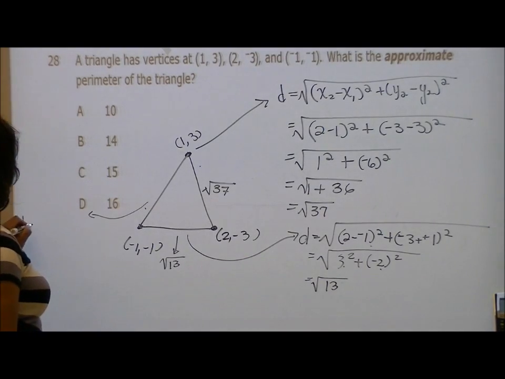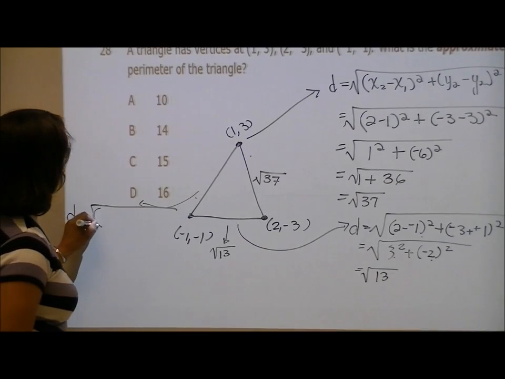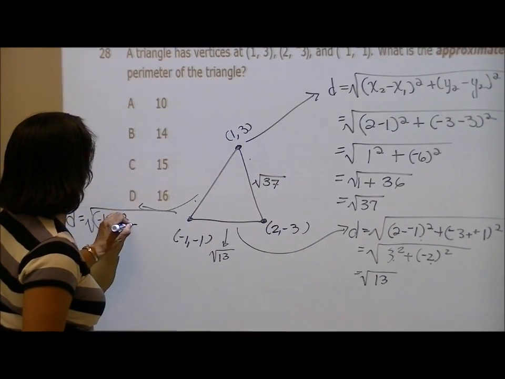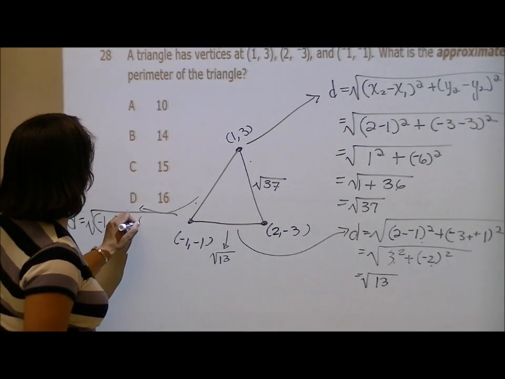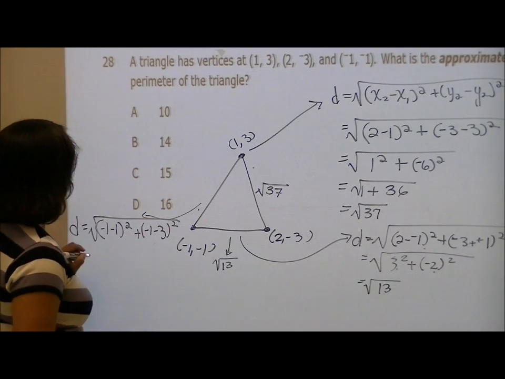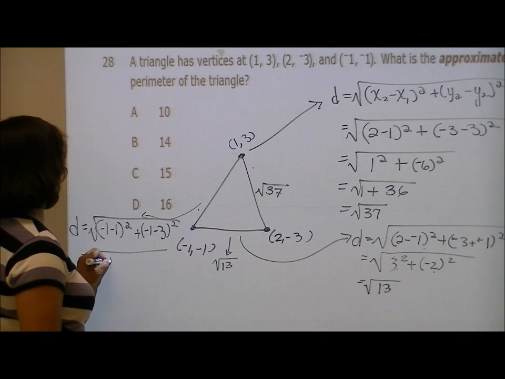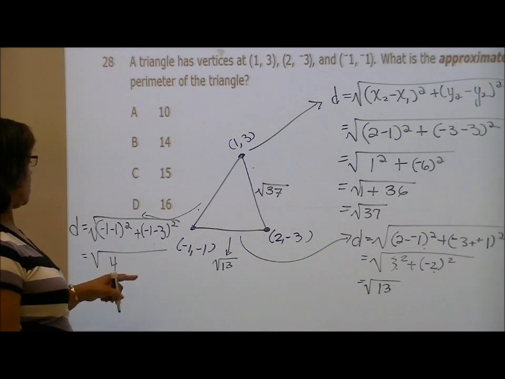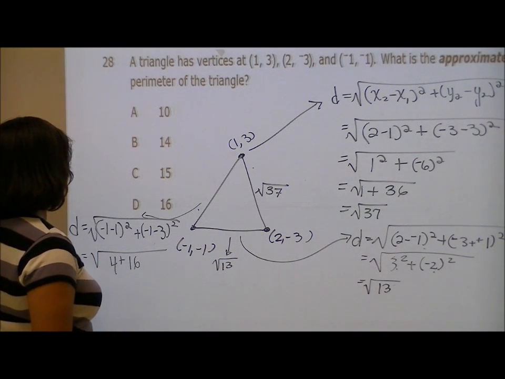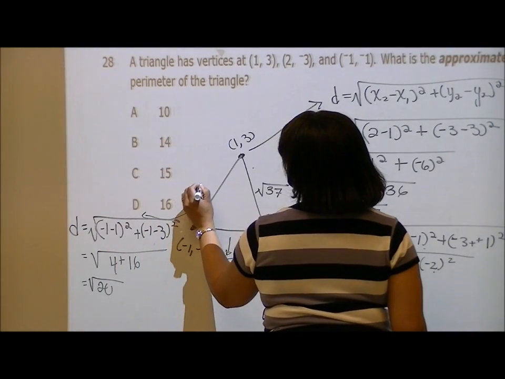So the distance is equal to, for your x's you have (-1 minus 1) squared plus (-1 minus 3) squared, which is equal to -1 minus 1 is -2, but (-2) squared is 4, and -1 minus 3 is -4, but (-4) squared is 16, and 16 plus 4 is 20. So now we have the square root of 20.